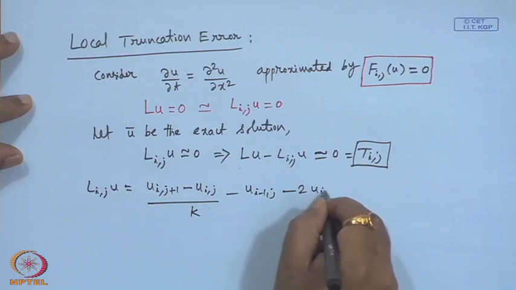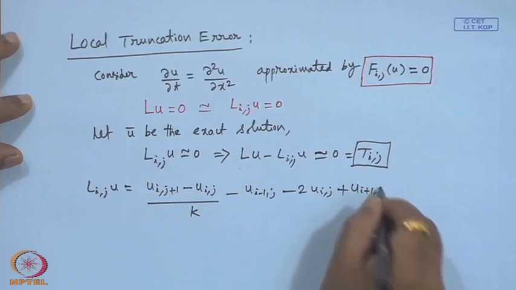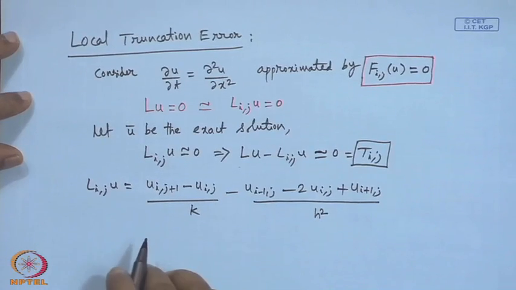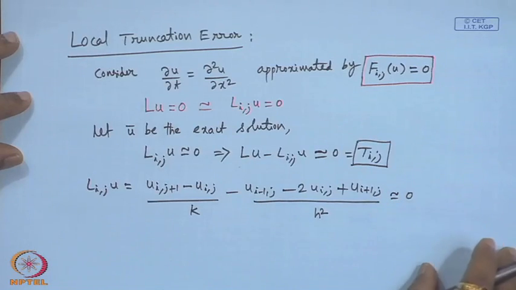So, we are considering the explicit scheme. Now this is approximately 0.